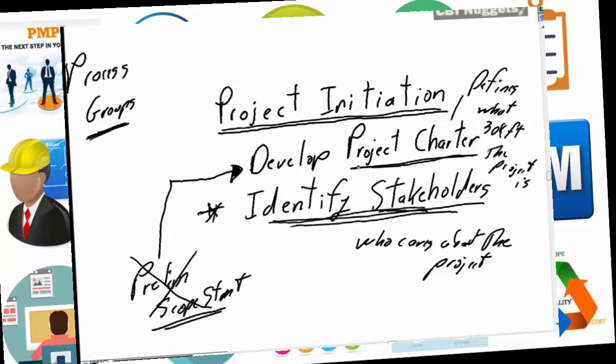So with that all said, project initiation has two processes now: developing of the project charter, which contains what used to be called the preliminary scope statement as well, and the new process of identifying of the stakeholders.